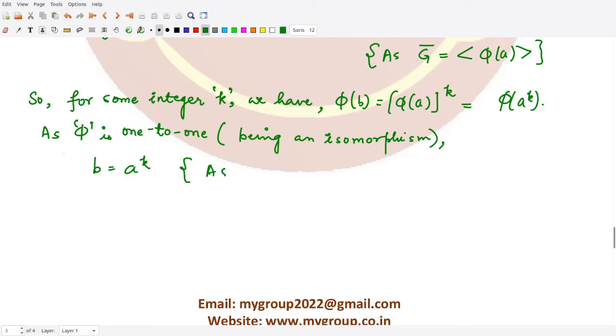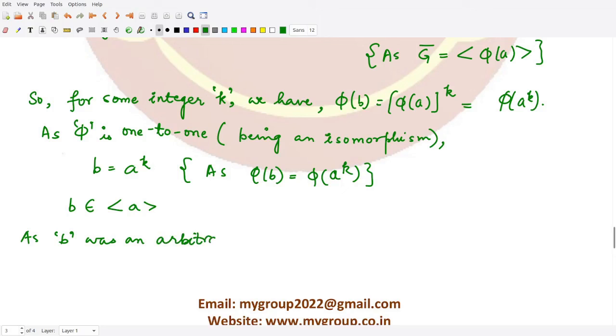Why? Because phi of B is equal to phi of A to the power k. So we have written B as some power of A. So B belongs to the group generated by A, and as B was an arbitrary member of the group G, we can say the group G is contained in the group generated by A. Let's mark this as equation 4.